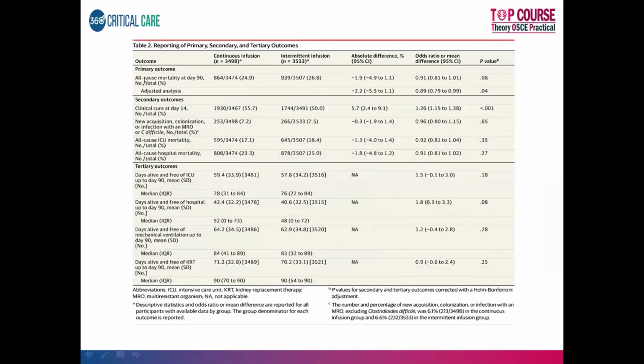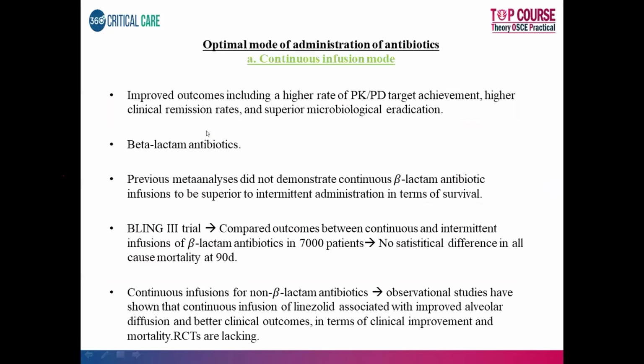But when you come to the secondary outcome, if you see the clinical cure rate at day 14, it is statistically significant. So it is better with continuous infusions. So this is about the BLING III trial. Now, they've also tried continuous infusions for non-beta-lactam antibiotics, especially linezolid.